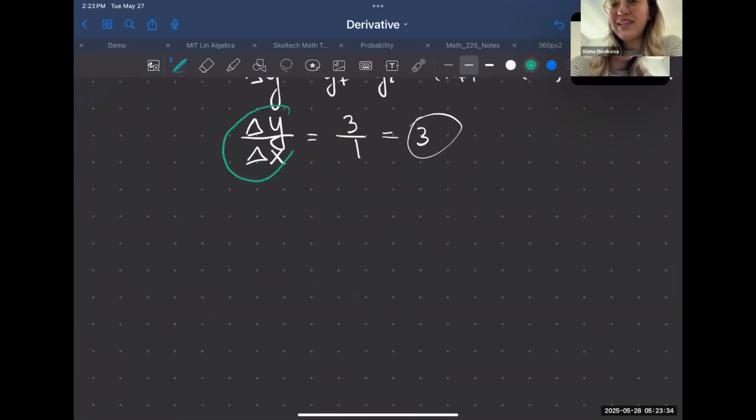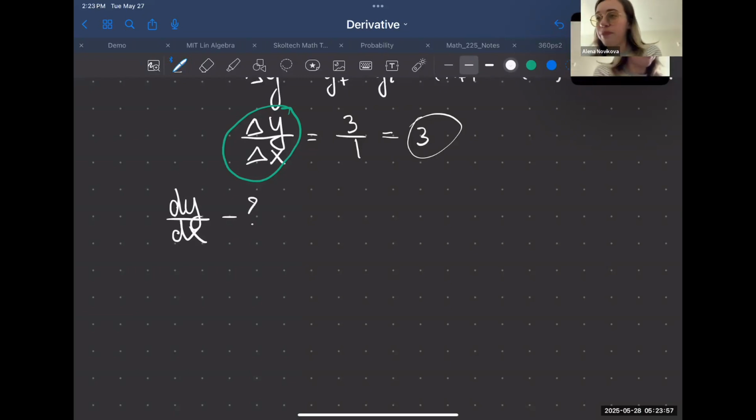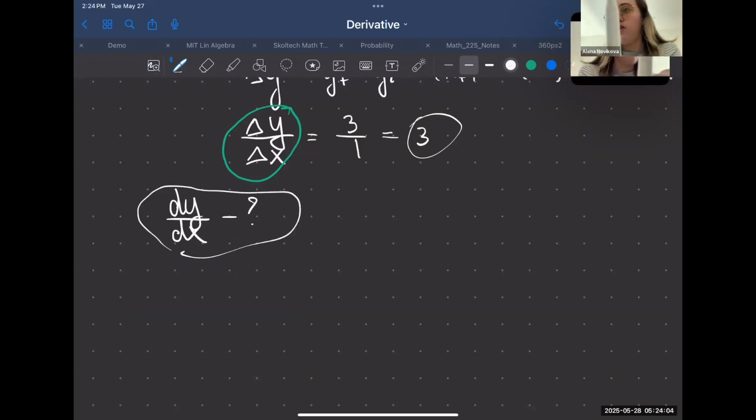So now remember this notation precisely. And I hope that it looks very familiar, this quotient, change in y over change in x. You should have seen it before, right? Isn't it just dy over dx, right? If you know even a little bit about derivatives, then you know that this is the standard notation of the derivative.